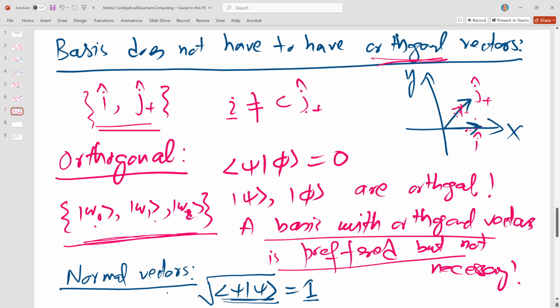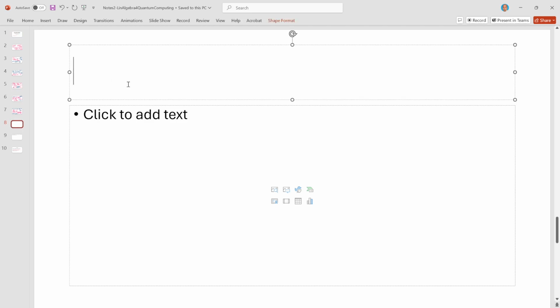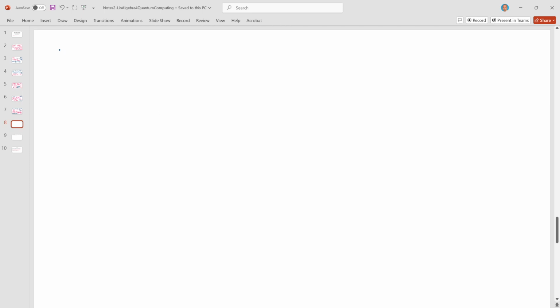So if the magnitude or norm of any vector is 1, then we call it a normalized vector. And if our basis has vectors that are all orthogonal and normalized, we call it an orthonormal basis.